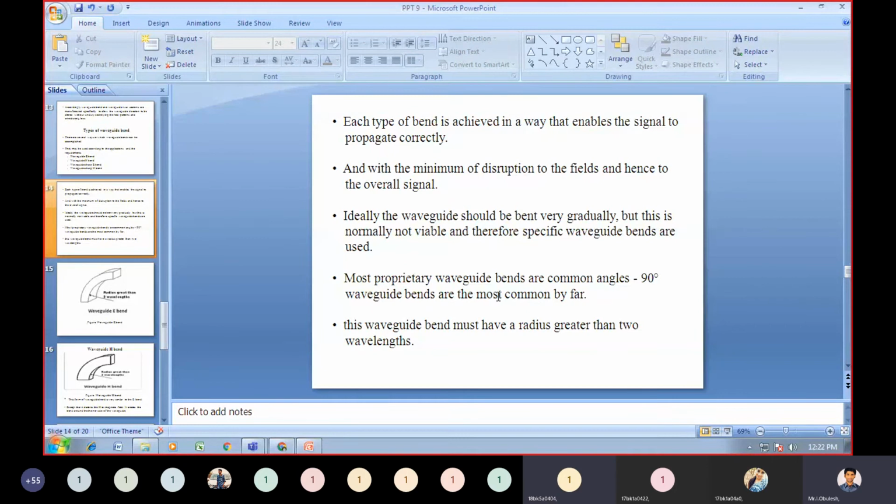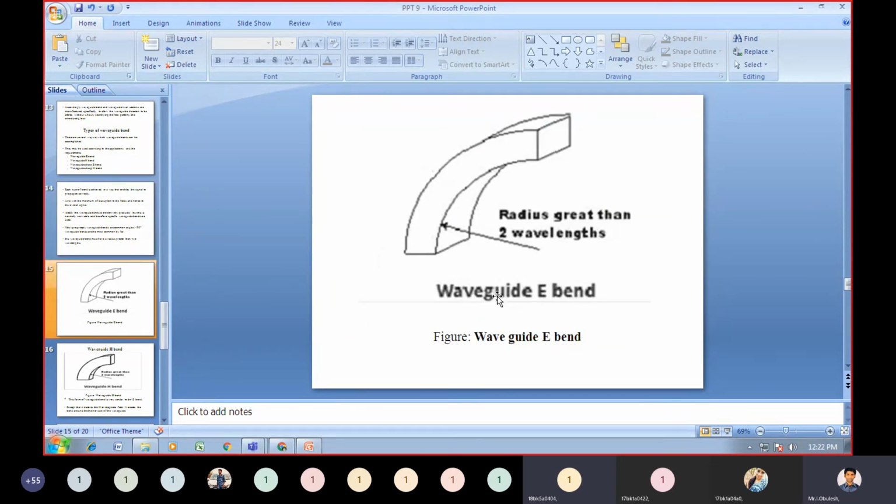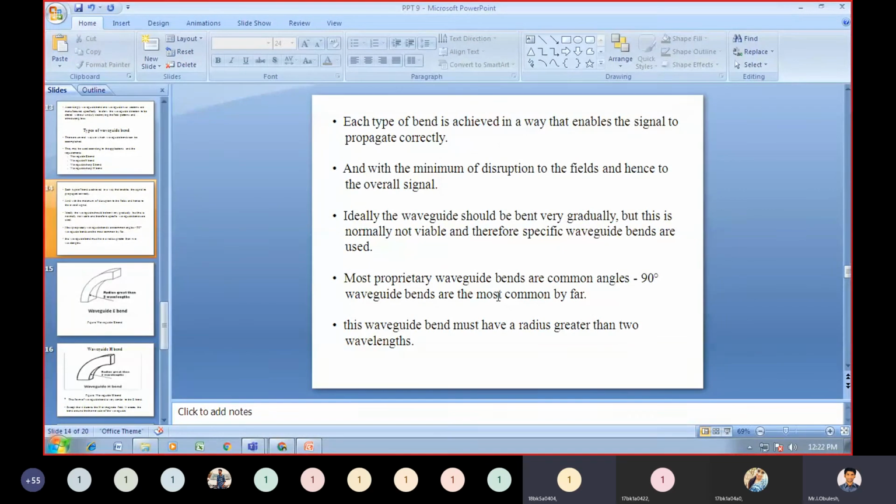We are getting correct signal propagation from the waveguide E bend, and at the bending point the angle of the waveguide should be 90 degrees in most cases. In the H bend also it is the same.